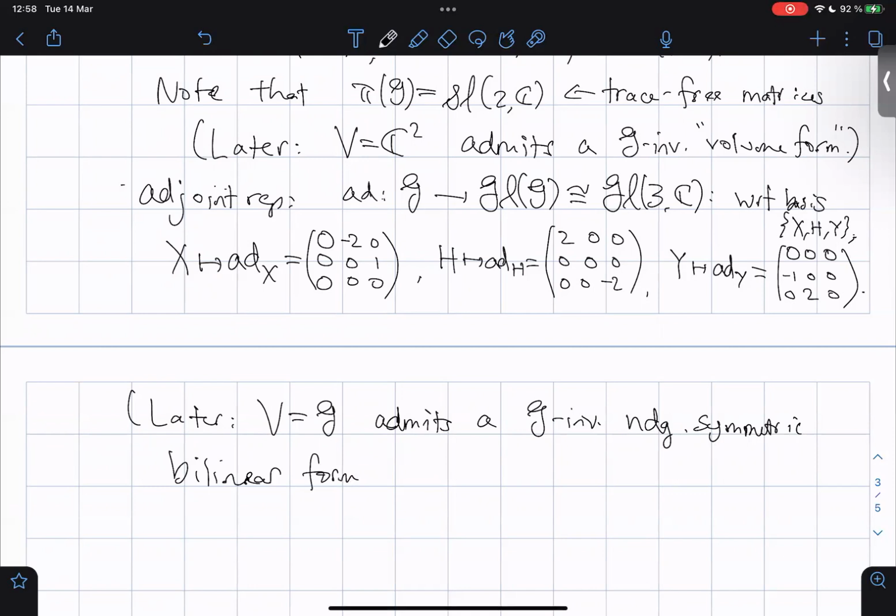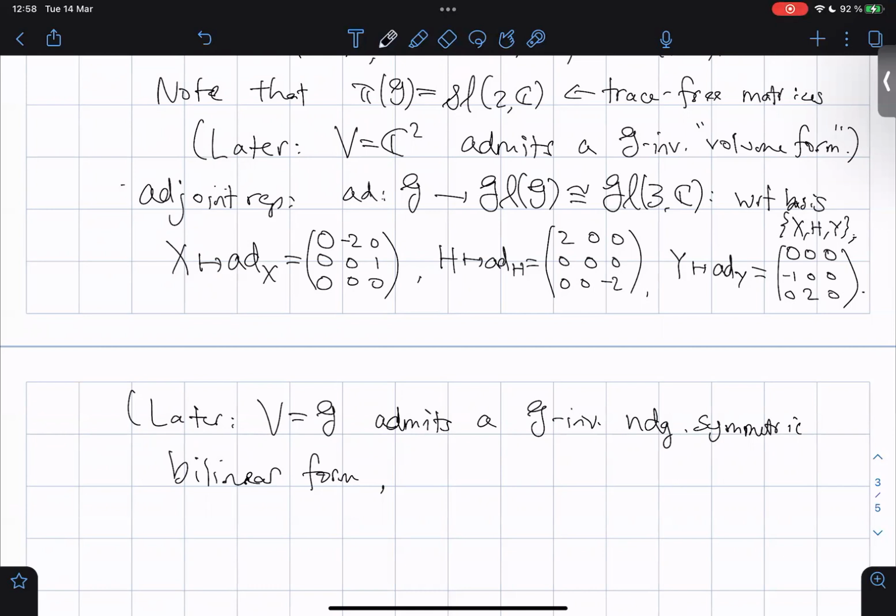It's like a metric in the real case, except here we're working over C. But be careful, it's not a Hermitian metric I'm talking about, because Hermitian is conjugate linear in one of the slots. Here it is bilinear, so C-linear in each entry.